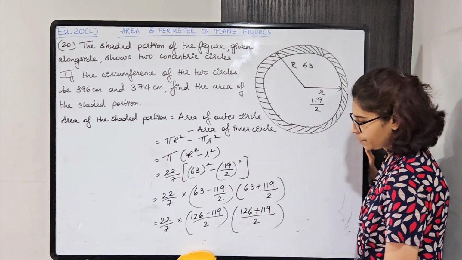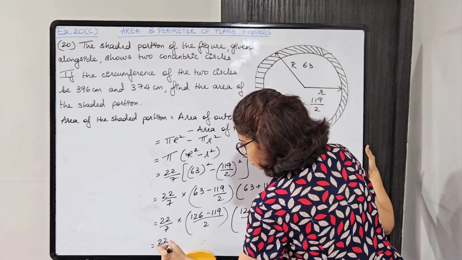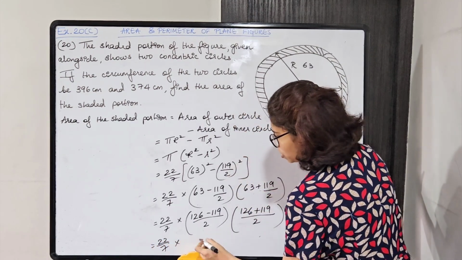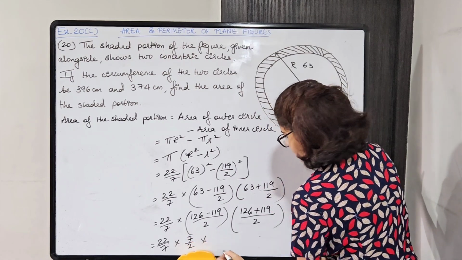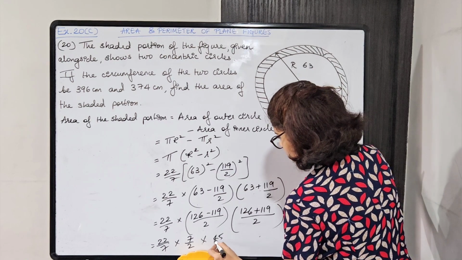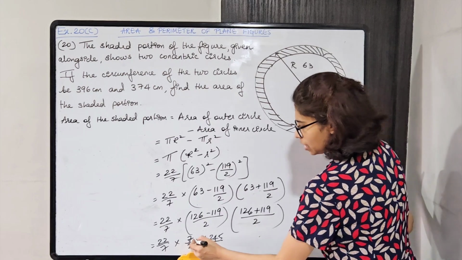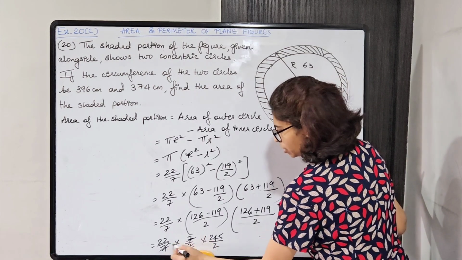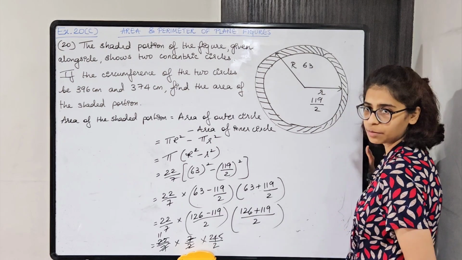Okay, so that gives 22 upon 7 into this will give 7 upon 2, right, and ये हो जाएगा 245 upon 2, right. 7 7 cancel हो गया, 2 11 सा 11 into 245 divided by 2.